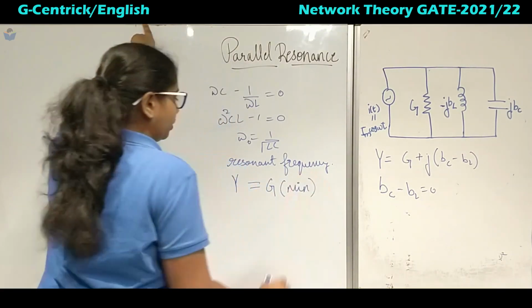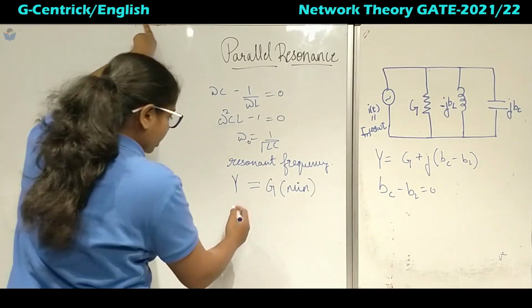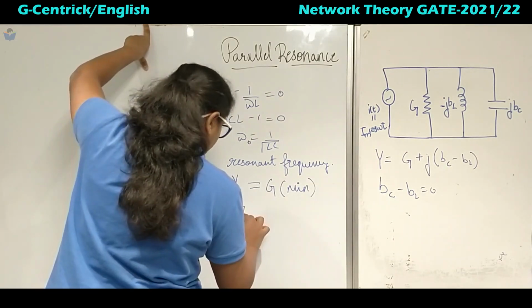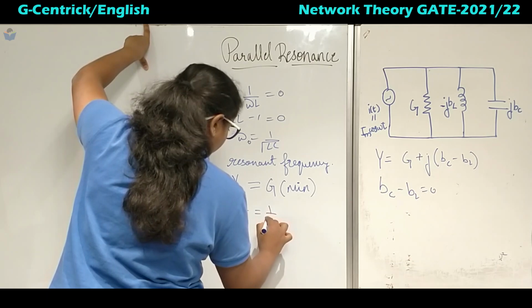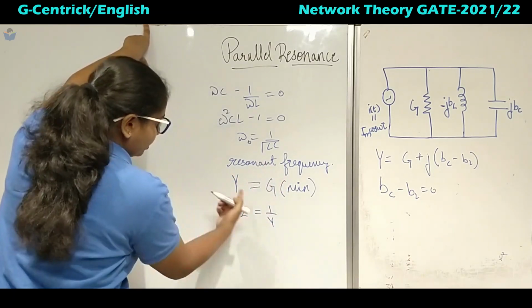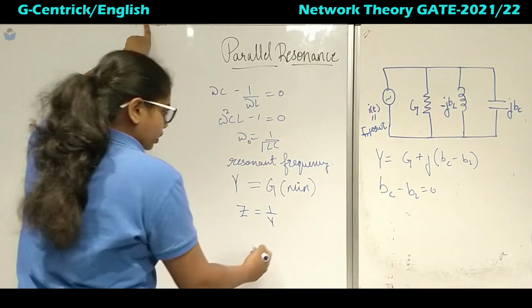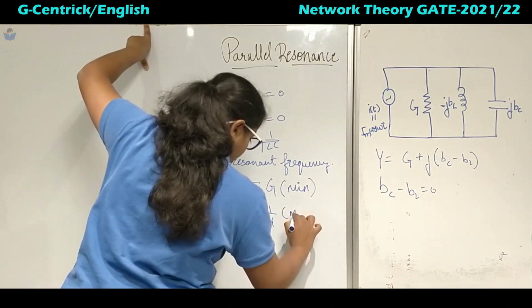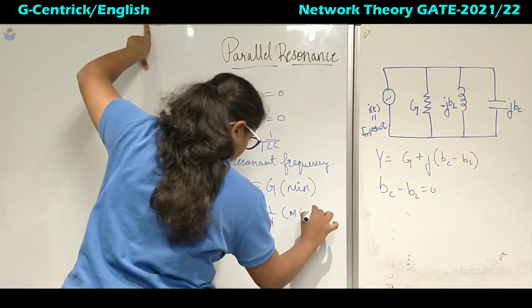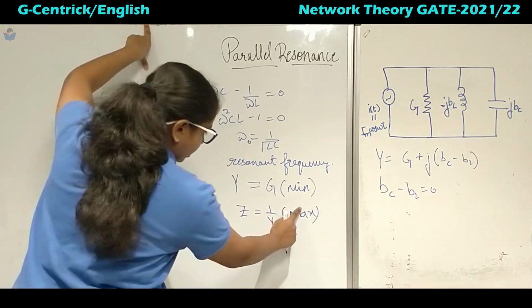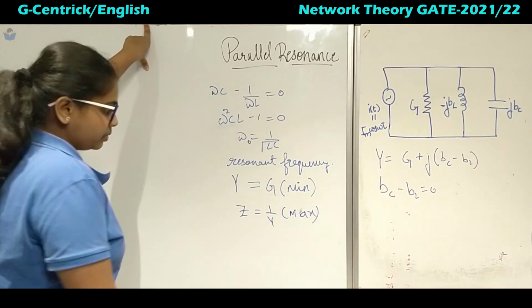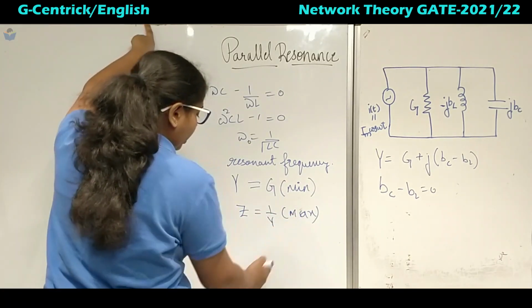It will be minimum, right? If Y is minimum, then what will be Z? Z is nothing but 1 over Y, that is admittance. So it will be maximum. Z equal to 1 by Y will be maximum.